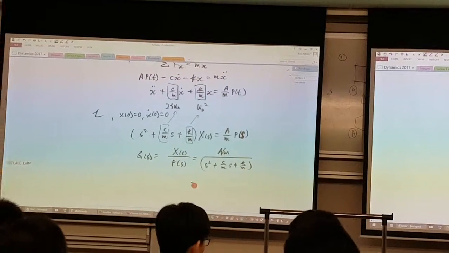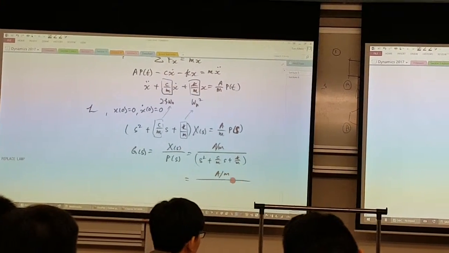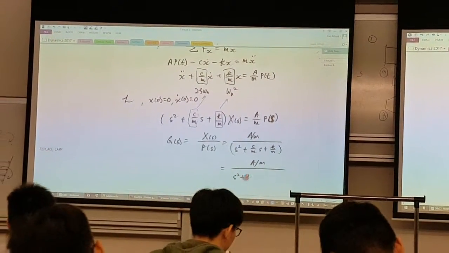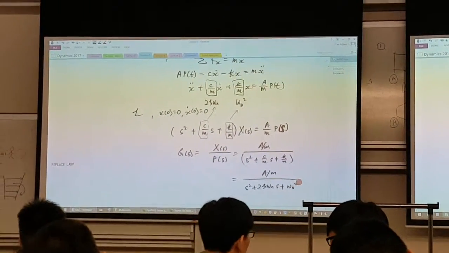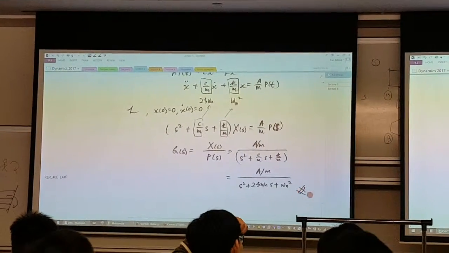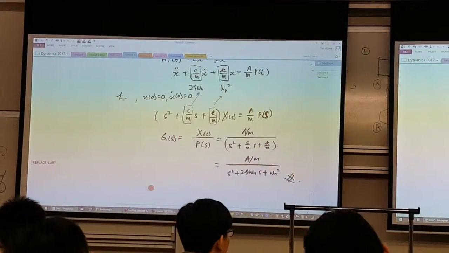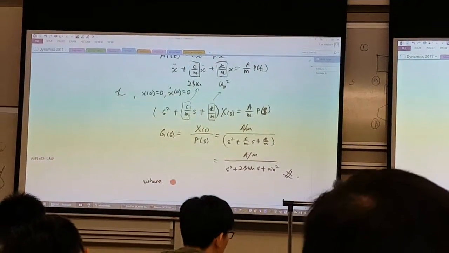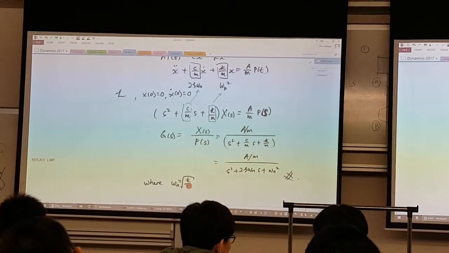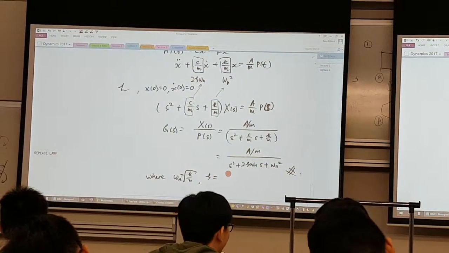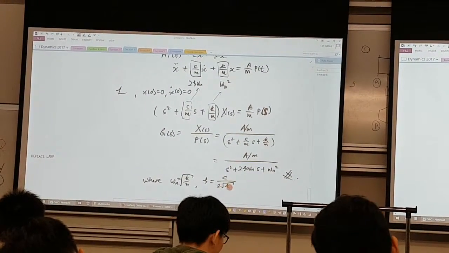Or I can express it in my second order differential form, s squared plus 2 zeta omega n s plus omega n squared. So where you have seen before, omega n is equal to square root of k over m, zeta equal to c over 2 square root of km.